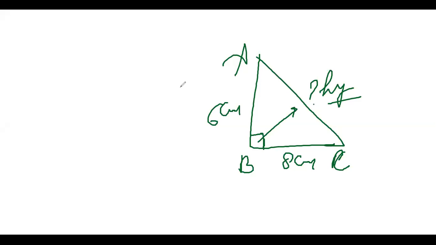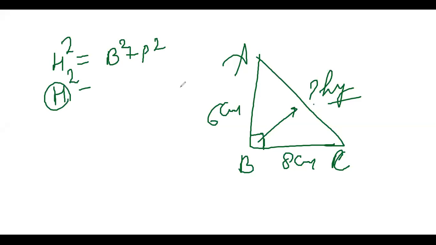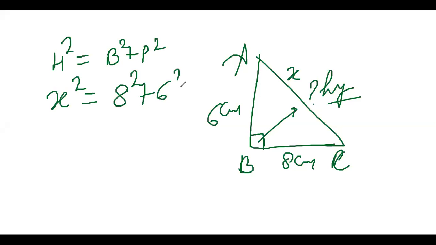So what does Pythagoras property say? Hypotenuse square is equal to base square plus perpendicular square. Hypotenuse you are to find, you can take it as x also. You can take hypotenuse as x, base is given 8, perpendicular is given 6.